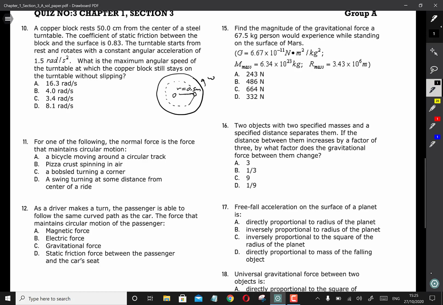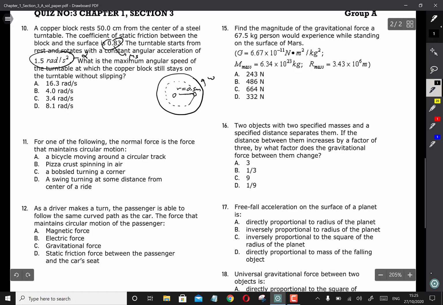And the coefficient of static friction between the block and the surface is 0.83. This is mu s, 0.83. The turntable starts from rest and rotates with constant angular acceleration of 1.5 radian per second squared. So this is alpha.